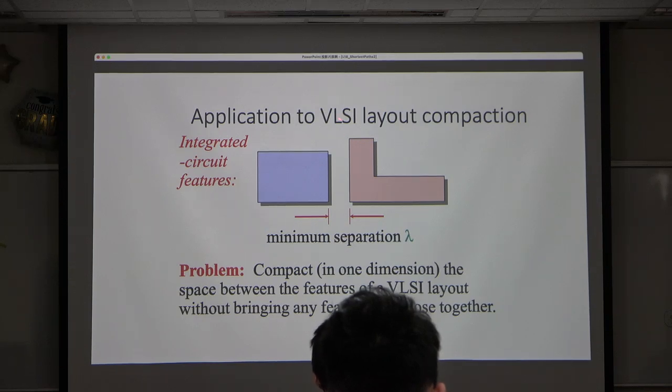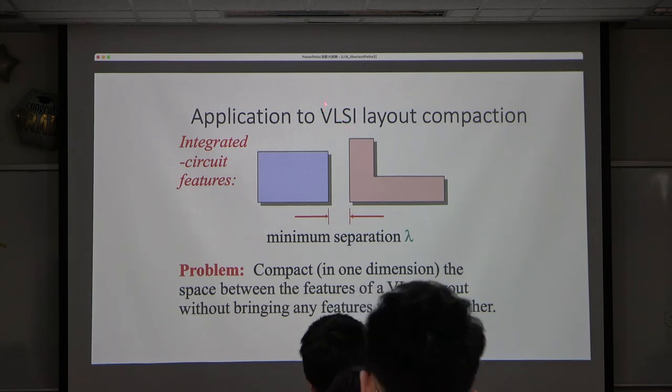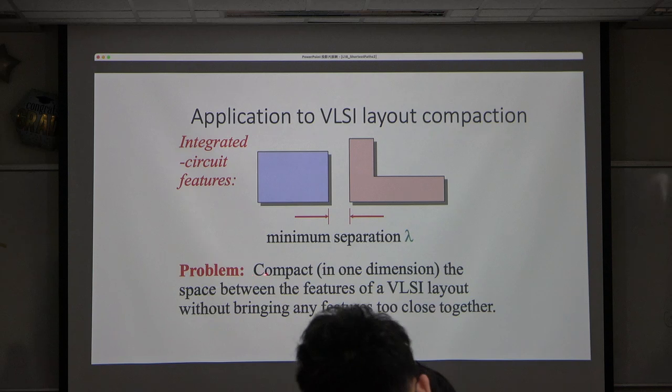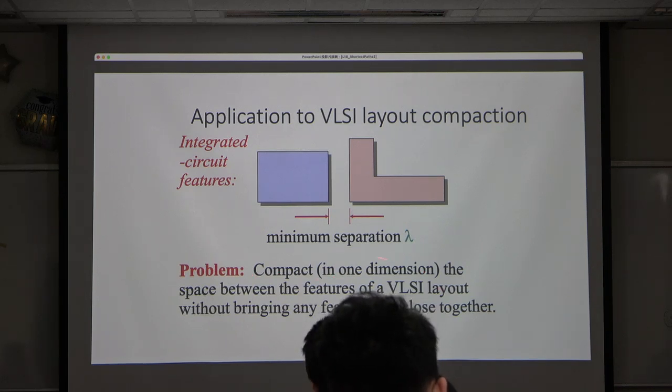That's what VLSI, very large scale integration, is about. So we want to compact in one dimension. We confine our discussion to one dimension, though it can be generalized to more dimensions. The goal is to shrink the space between the features of a VLSI layout without bringing any feature too close together.